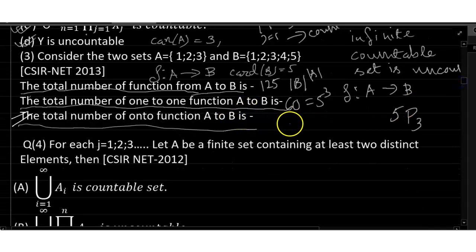So domain greater than or equal to codomain, then an onto function is possible.